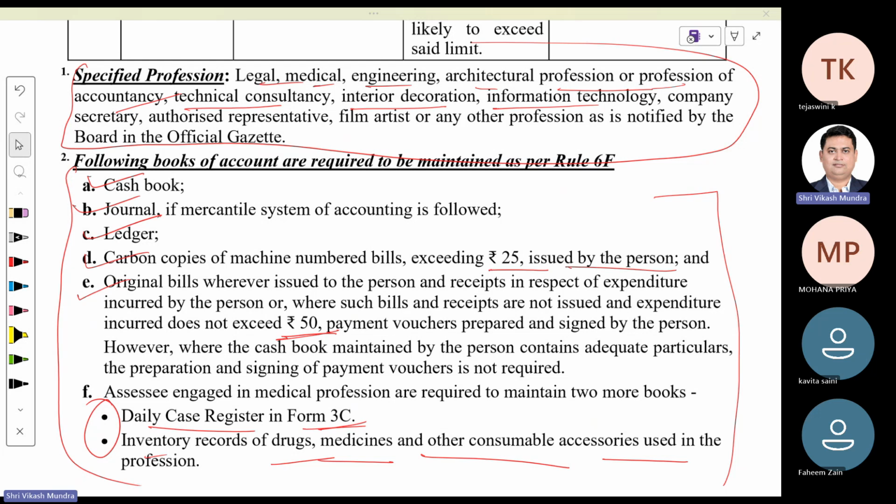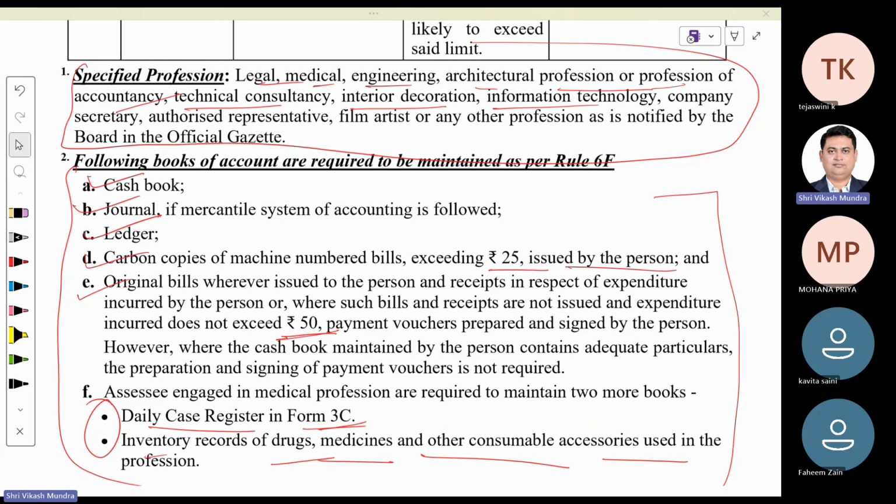Otherwise, you are supposed to maintain those books of accounts which enable your assessing officer to compute your tax liability. That means it does not give any name of what you are required to maintain, but you are supposed to maintain as per your decision, as per your judgment. You are supposed to maintain so much of books of accounts which enable your assessing officer to compute your income properly.